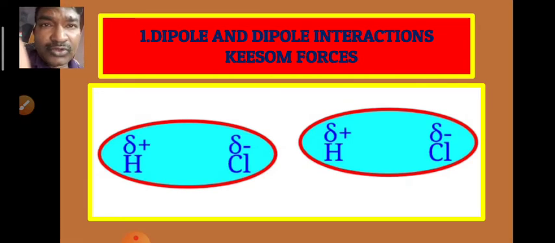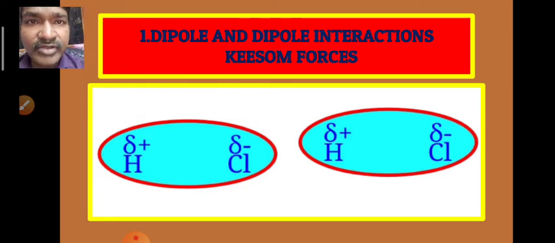The element which is more electronegative generally gets the partial negative charge, and the element which is less electronegative compared to the other one gets the partial positive charge.